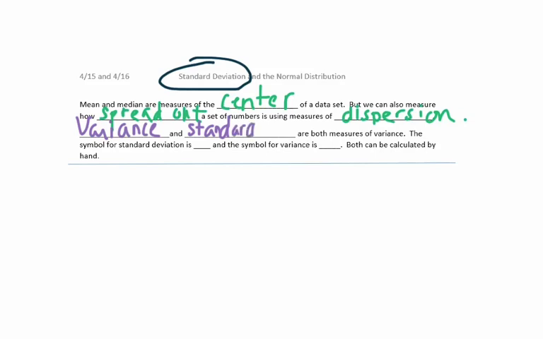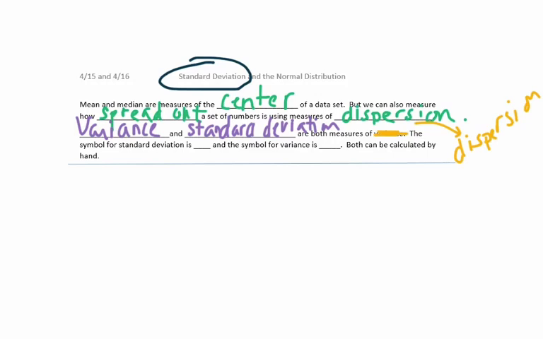Standard deviation and variance are both measures of, and then that should be the word dispersion there. Right. There we go. That's a little bit better.